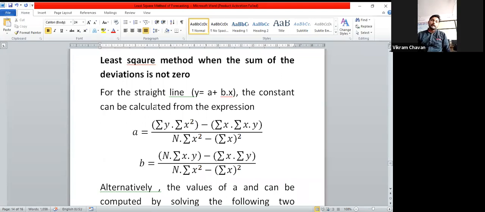In the straight line equation, the values of the two constants, a and b, can be determined by using two equations. Which are those two equations? The first one is for a.